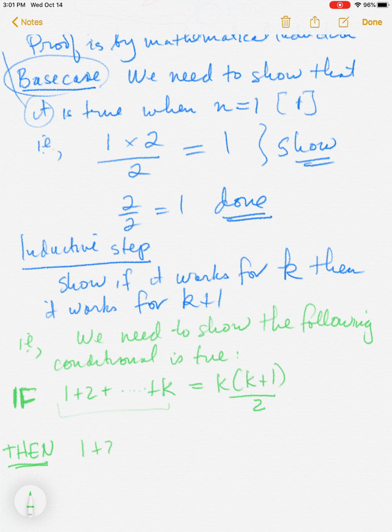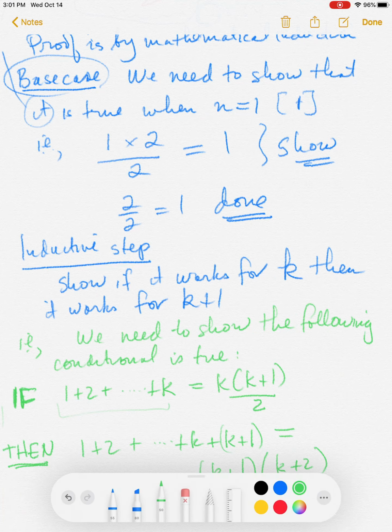So it's 1 plus 2 plus up to k plus the next guy, k plus 1, equals k plus 1 times k plus 2 over 2. So this is what we need to show. We need to show that this conditional is true.